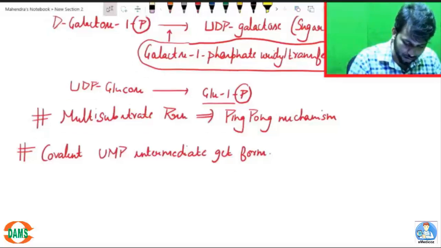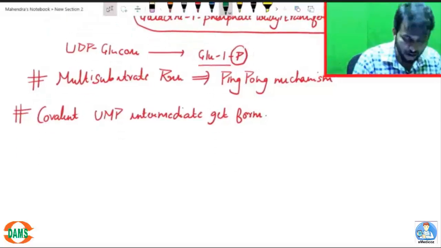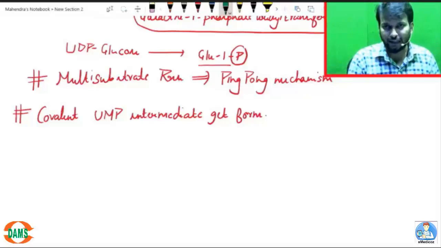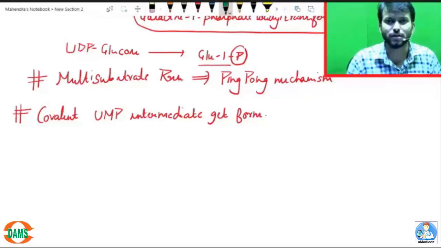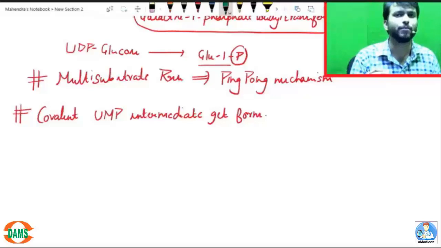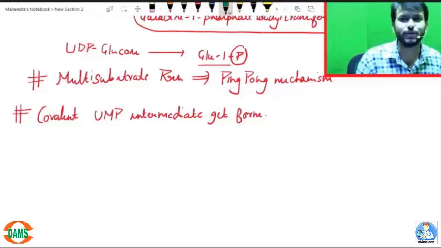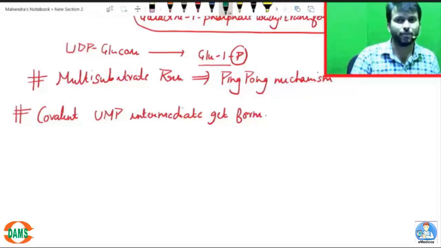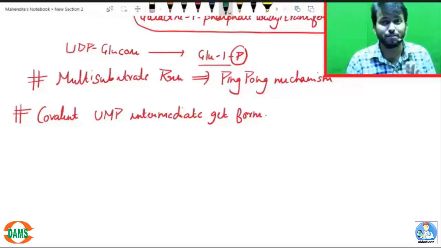You should know that it's a ping pong mechanism, because in section B they may ask, in the particular conversion of galactose, which type of mechanism? It's multi-substrate, bi-substrate, ping pong, or what type? So please specify this as a ping pong mechanism.